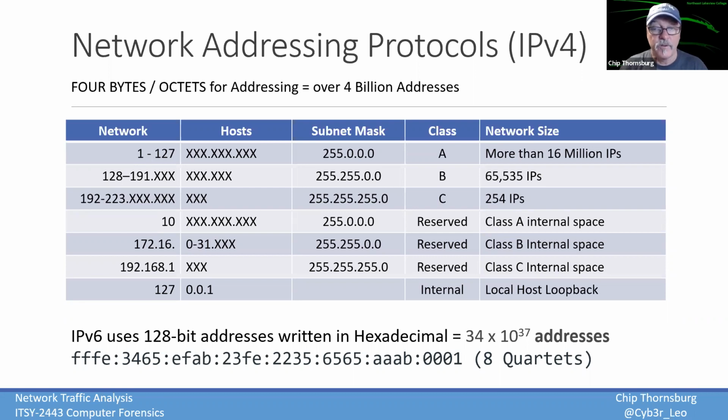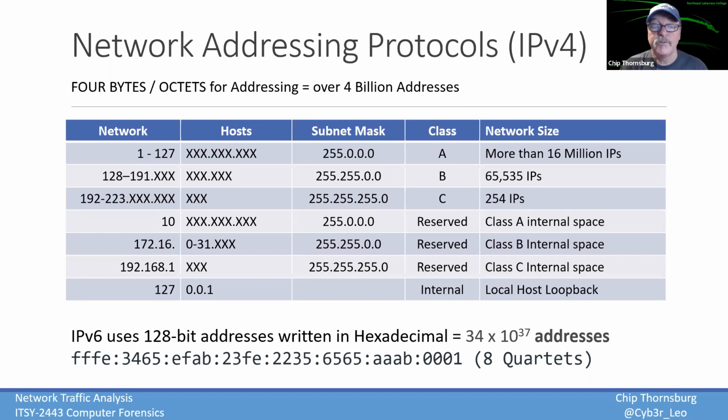There are a little bit more than 16 million addresses available in each of those ranges. If the first byte is 128 through 191, that's a Class B address, which gives us a space of about 65,535 IPs on that network.